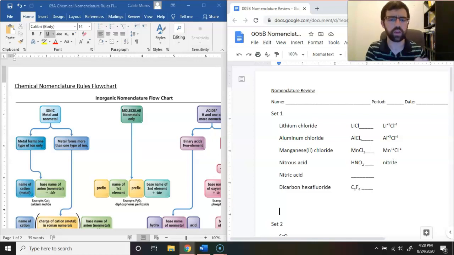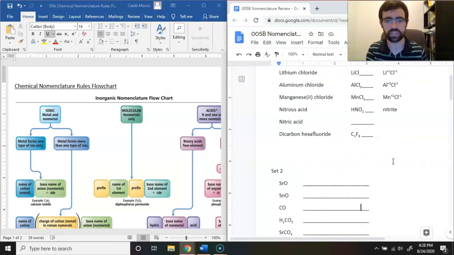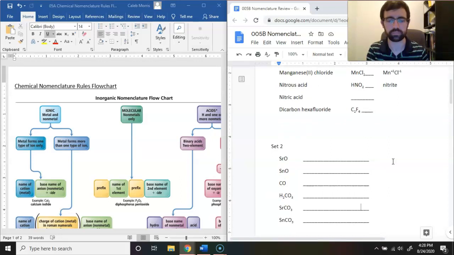All right, let's go down where we're actually going the other way. So if I give you the formula, we want to write the name, okay? SrO. So I have Sr, that's strontium, and then I have O, that's oxygen, okay?